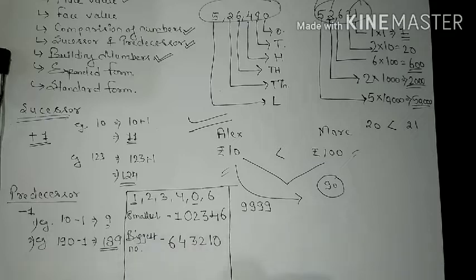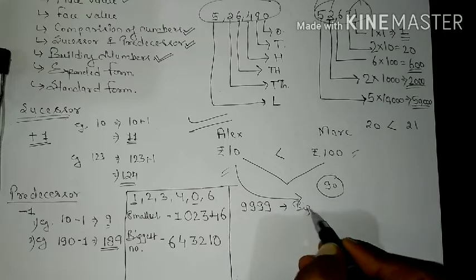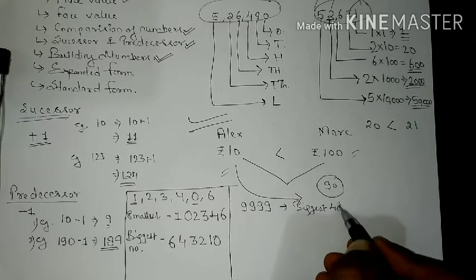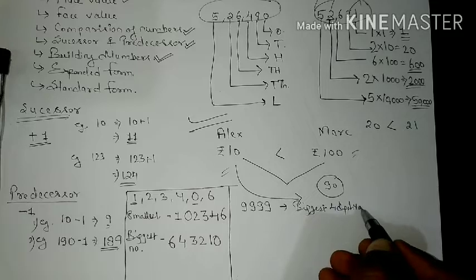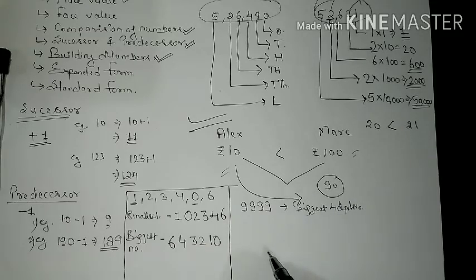And if you have been asked to write the biggest 4-digit number, it is 9999. And if you have been asked to write the smallest 4-digit number, what will you write?